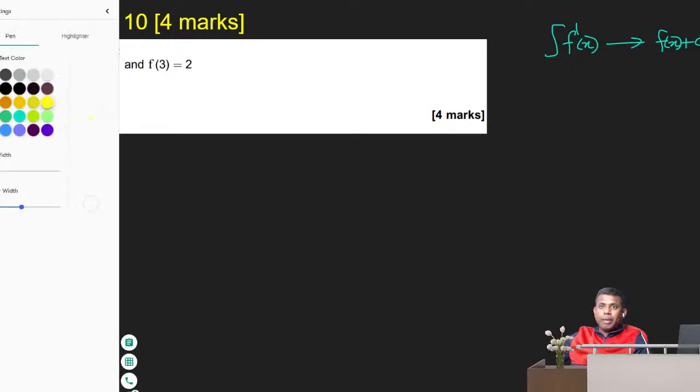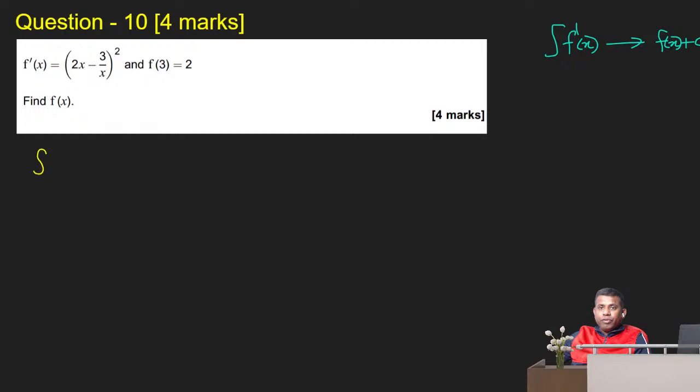Let me change my color back to the yellow. So f'(x) equals (2x minus 3 over x) all squared. Now I'm going to expand that. (2x) squared is 4x squared, minus, as an A-level student you have to know how to expand a quadratic double bracket quickly: a squared, minus 2 times a times b.